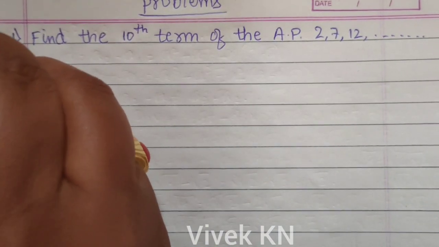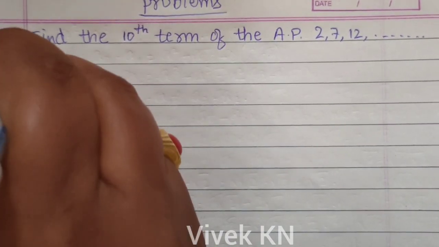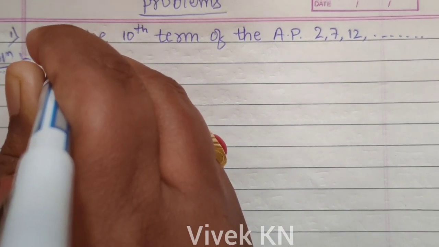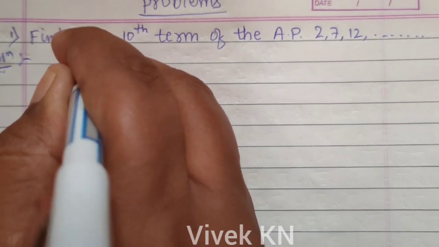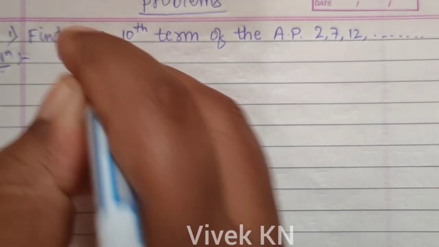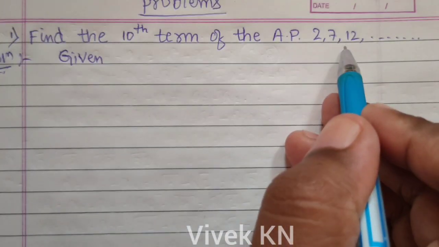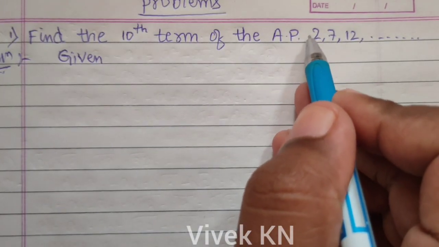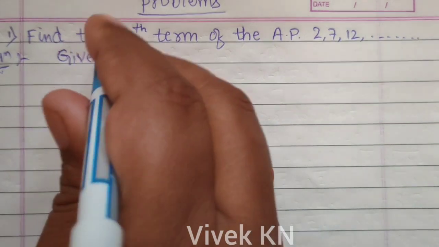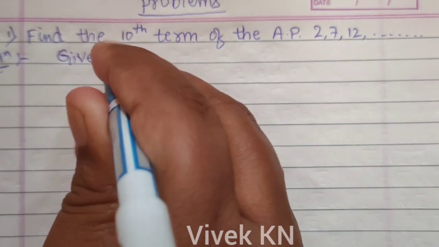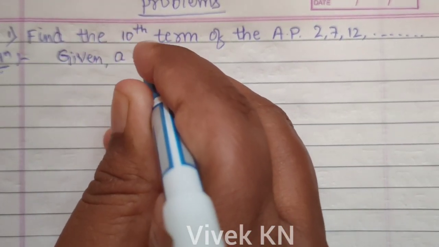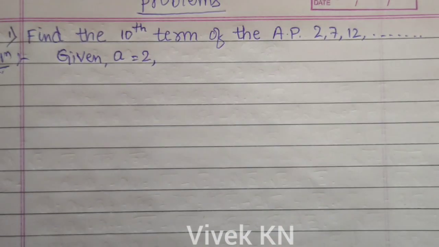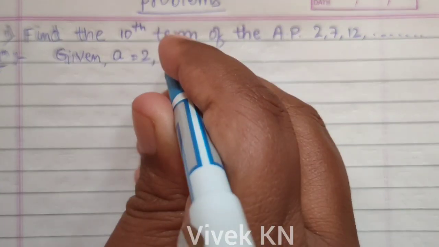Solution. Given, in this arithmetic progression the first term is 2, so a is equal to 2, and then we have to find the common difference.